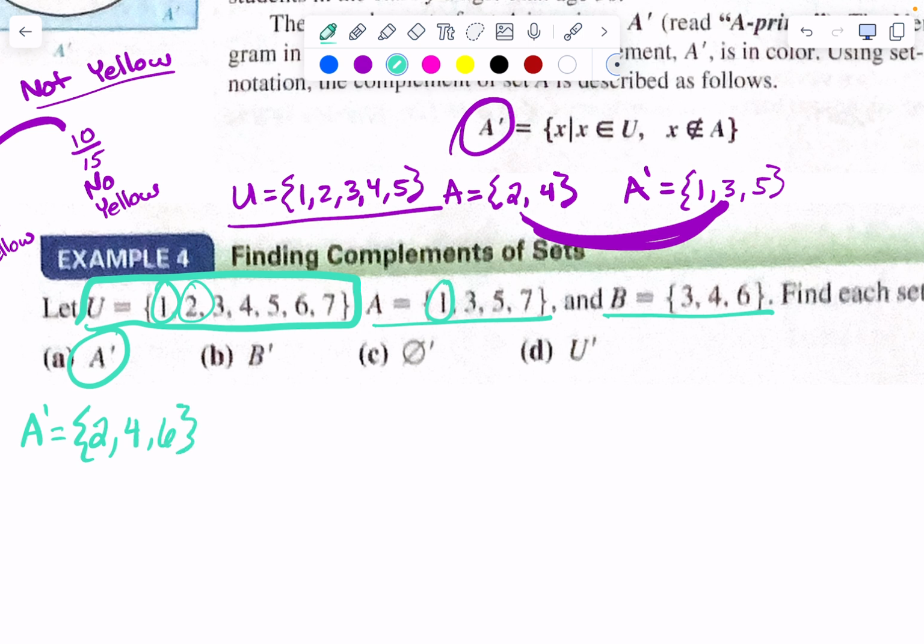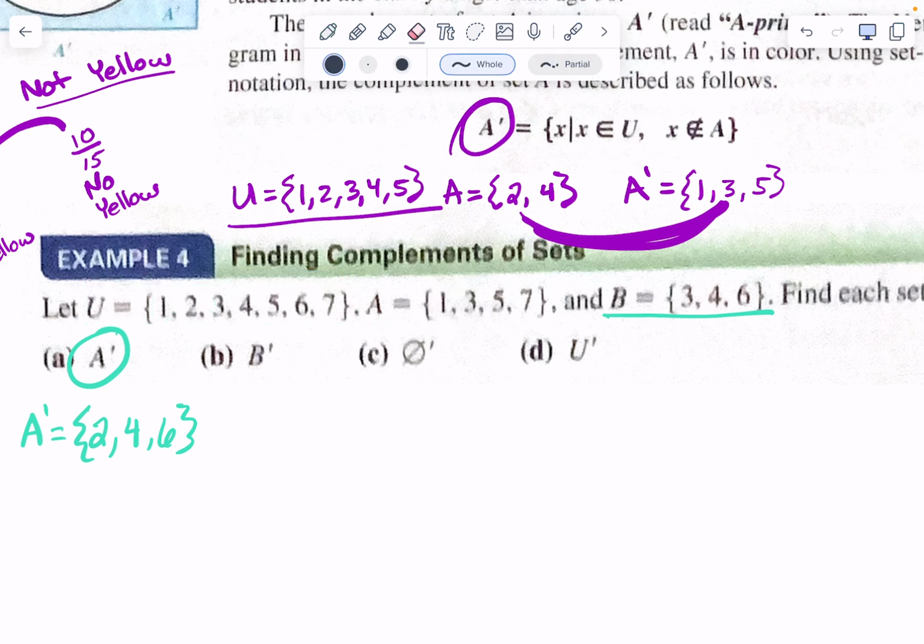Yep, that's the one. B prime is 1 and 2 and 3, 4, 5 is not there, and 7 is not there.